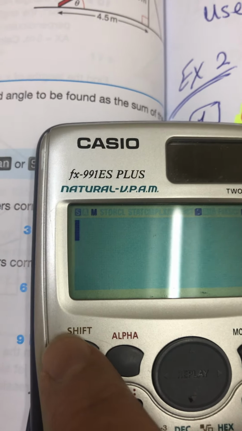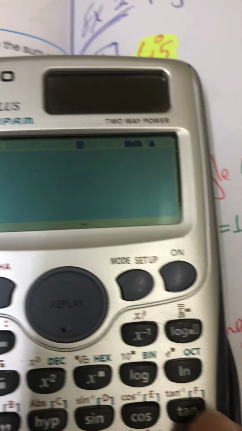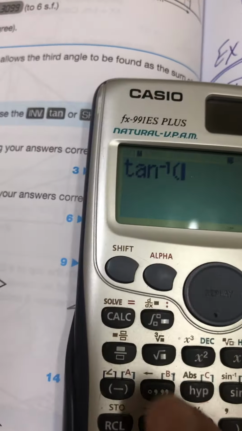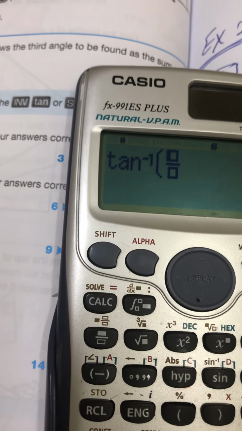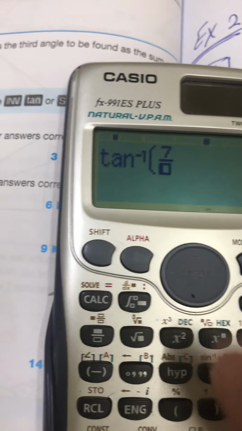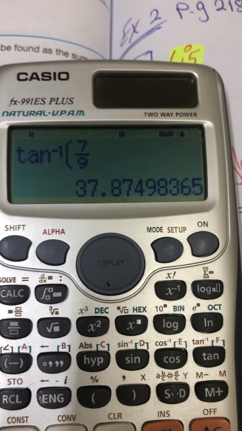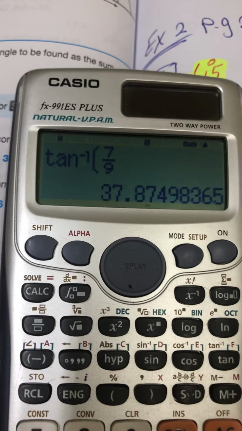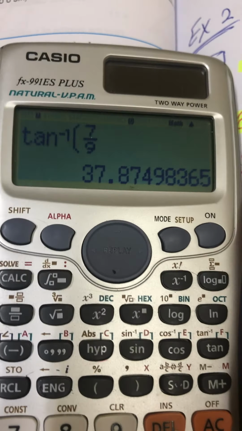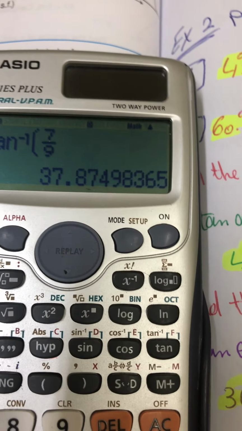Press shift, then tan, then fraction, 7 up and down 9. Equal. The angle is 37.87.